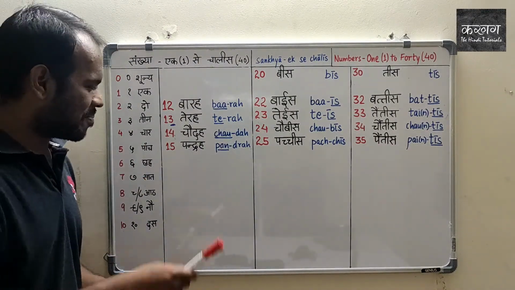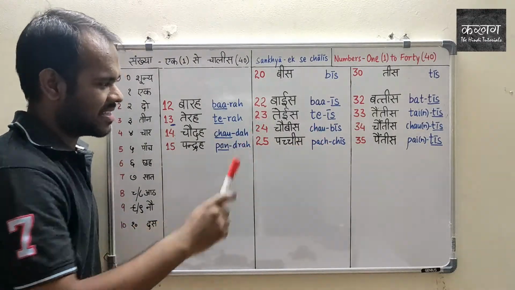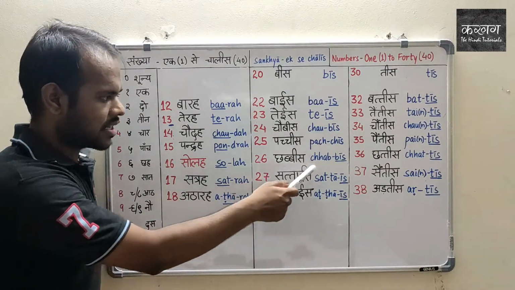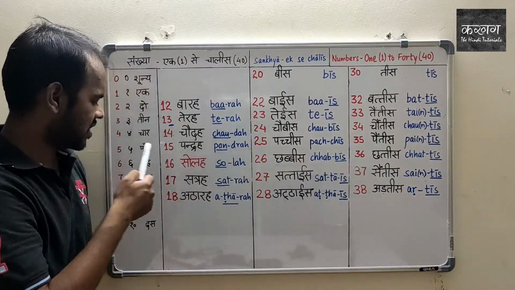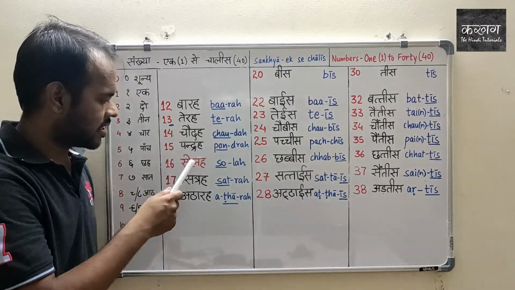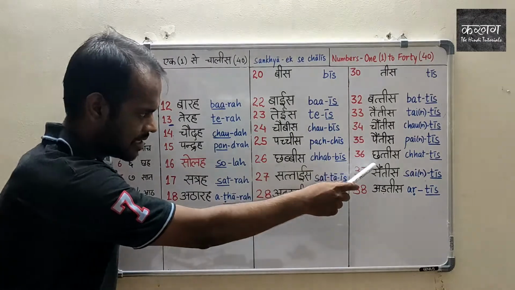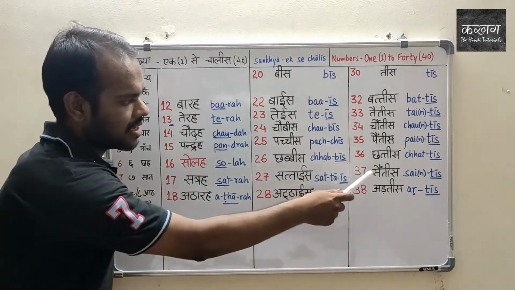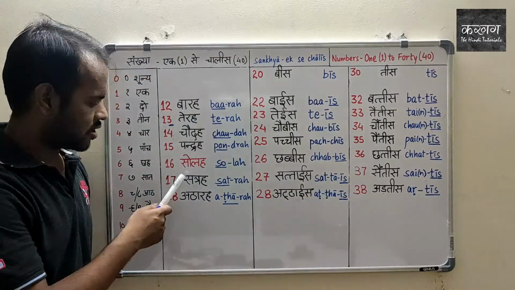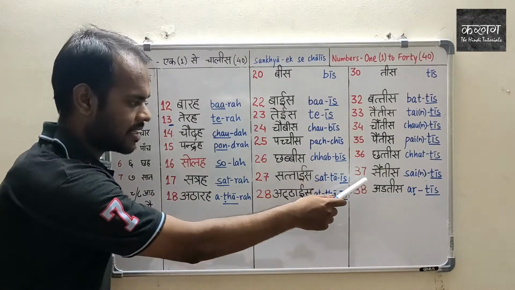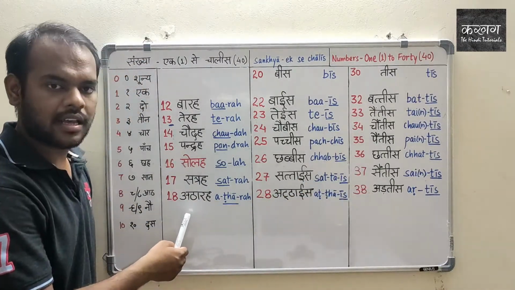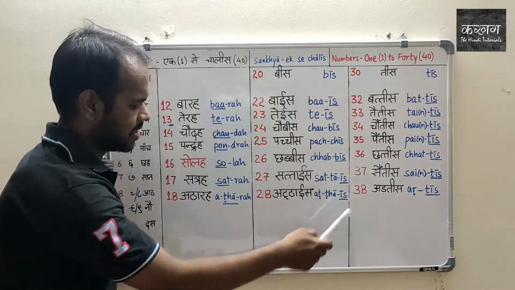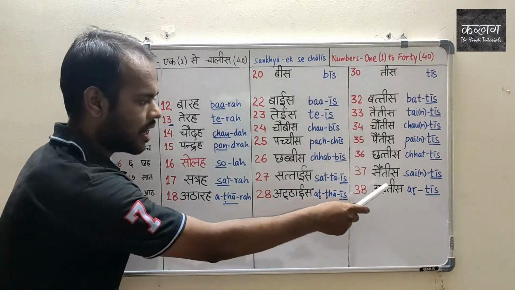Okay? So 15, 25, 35, 16, 26, 36. The numbers having 6 at the units place. 17, 27, 37. 18, 28, 38.